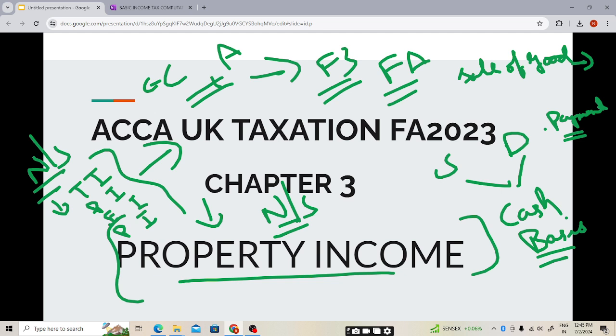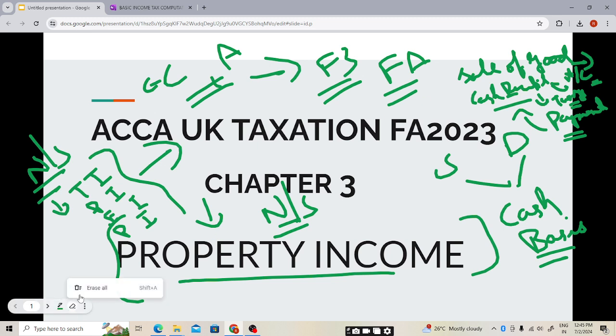When I receive my payment, that will be my cash receipt. So cash basis means whenever you receive the cash, in that year you will be taxed on it. But the accounting rules run on accrual basis.